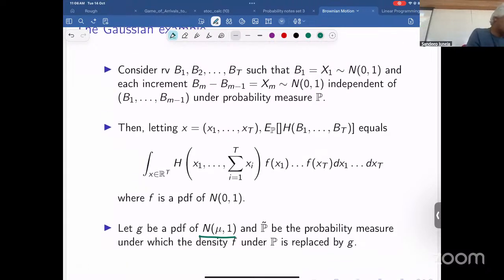All I've done is look at this expression, divide by g(x1) through g(xt), and then multiply by the same quantity. So nothing fancy, basically. G is just the probability density function of a Gaussian random variable when the mean is mu and the variance is 1. Everybody with me so far?